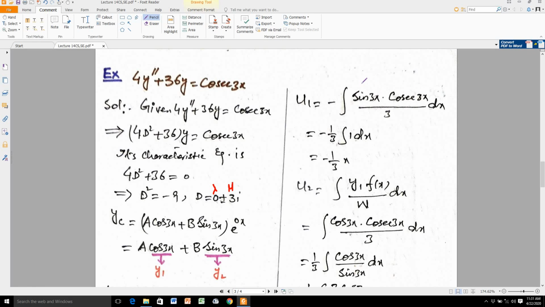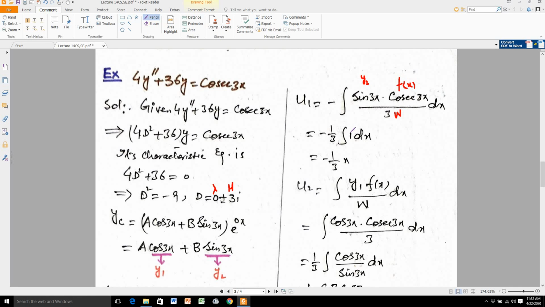This is the value of y2, this is the value of f of x, and this is the value of the Wronskian, denoted by W.